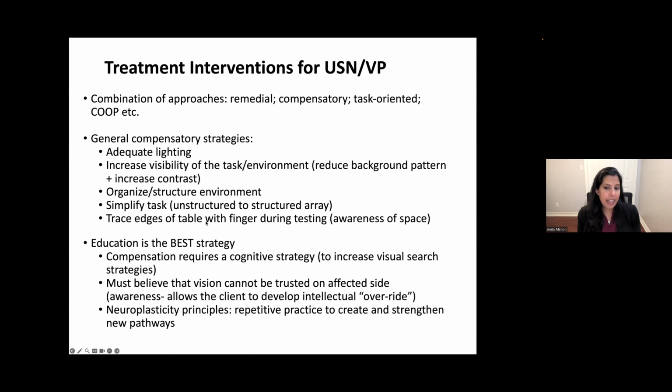And the other thing is that sometimes a little trick that could be used is, if you're working on a line bisection test or getting the client to perform the task, when you place the testing material or the stimulus onto the table, the client could trace the edge of the table.